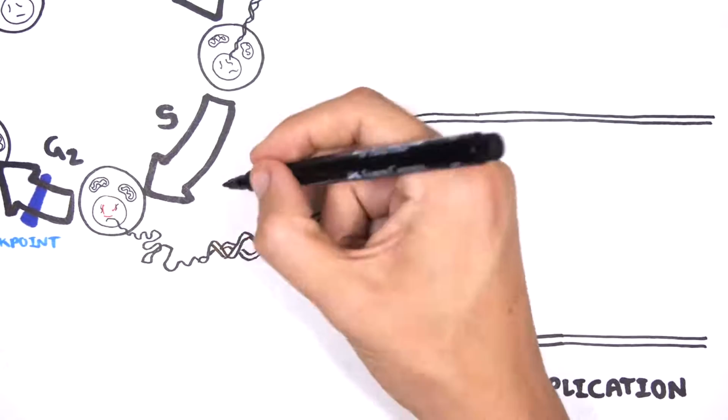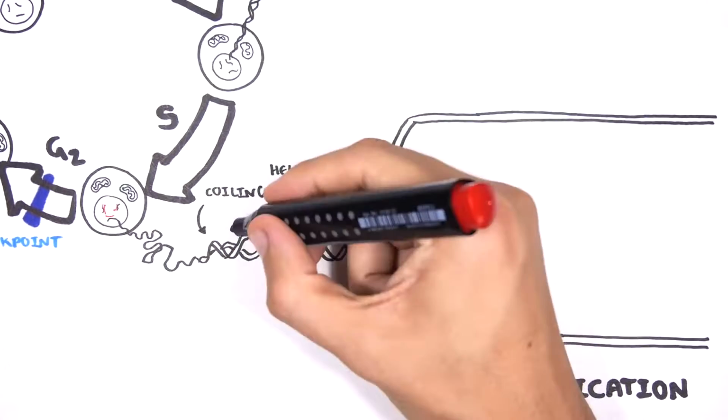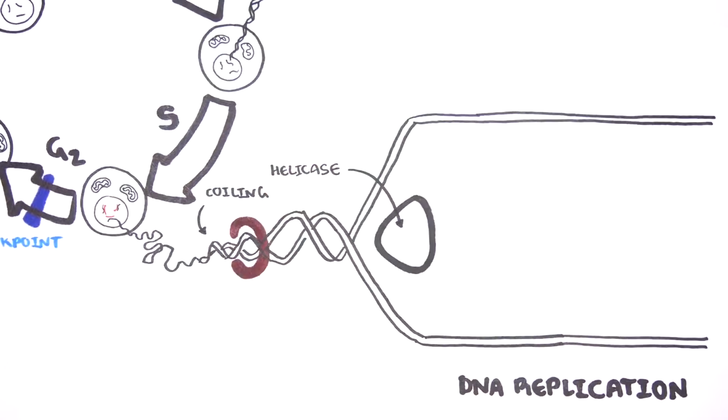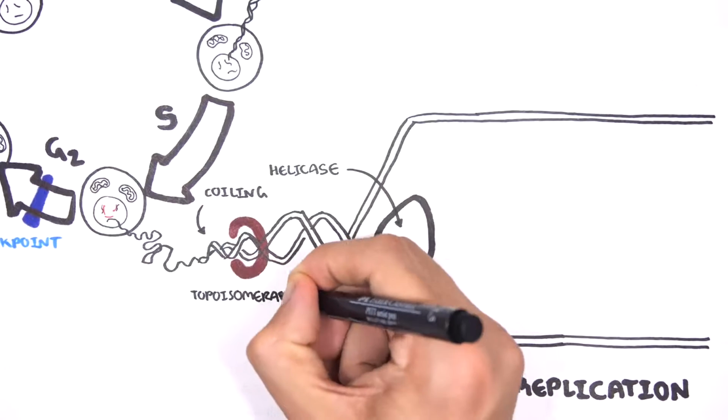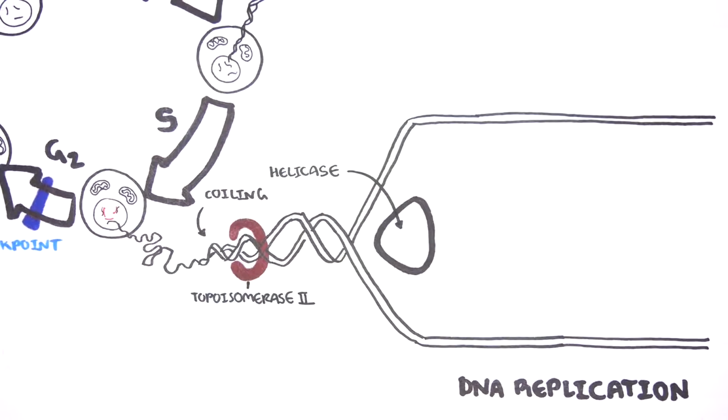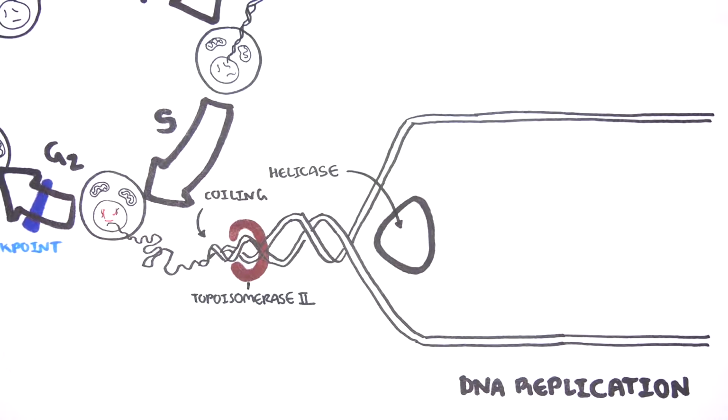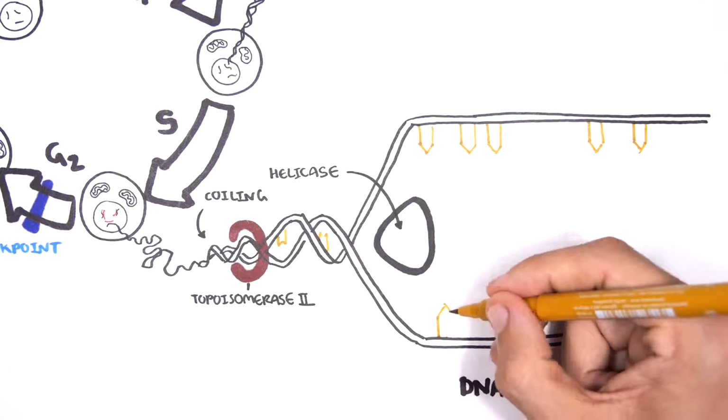The cells have a normal biological mechanism to fix these coils and supercoils that are being formed. This mechanism is an enzyme called topoisomerase. Here, topoisomerase 2 fixes these supercoils, reducing the tension in the DNA strand. And we'll talk about topoisomerase later on.